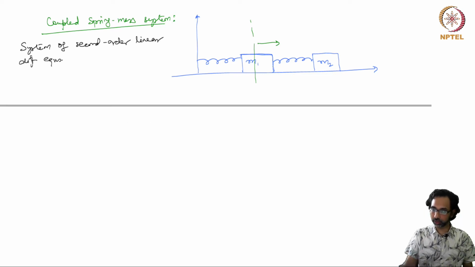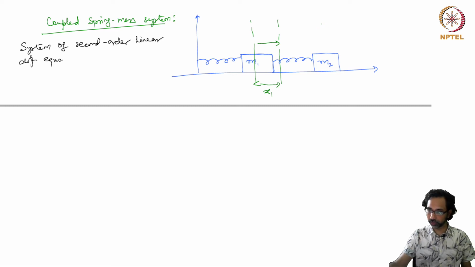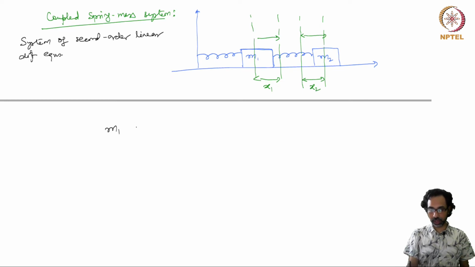So the first one, let me call the displacement of m1 as x1 from the rest position, and the displacement of m2, let this be the rest position, is given by x2. So on the left hand side you will have m1 d2x1 over dt2. This is the net force, and this is given by Hooke's law.